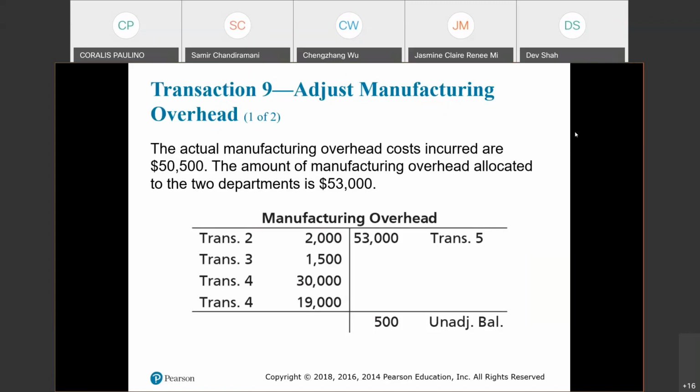The amount of manufacturing overhead allocated to the two departments is 53,000.